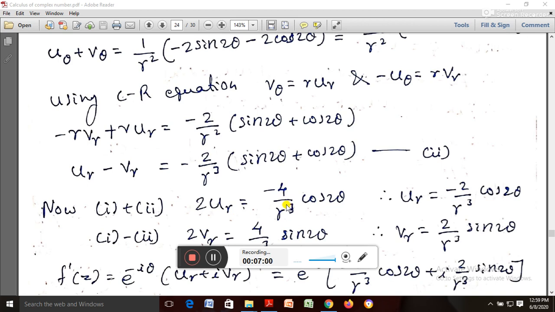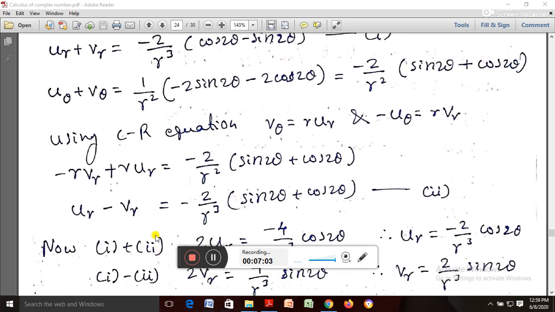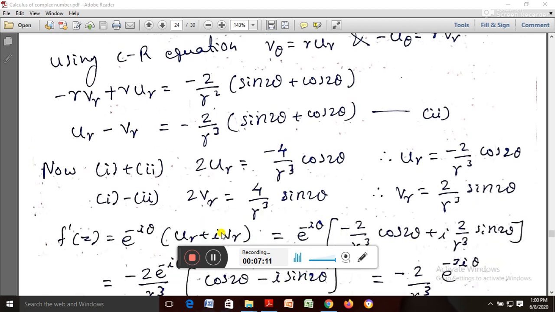Then to find vr, subtract 1 minus 2, so ur minus ur cancels, vr plus vr, we get 2 vr is equal to 4 by r cube into sin 2 theta, so vr is equal to 2 by r cube into sin 2 theta.